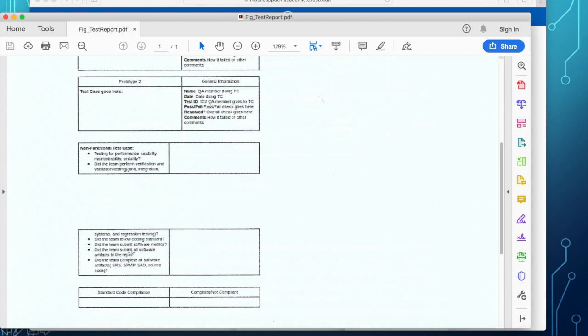Did the team submit software metrics? There are two software metrics that we ask you to collect, and that is the productivity of the team in terms of total lines of code produced divided by the time that it took you for design, the time that it took you for coding, and the time that it took you to fix errors as well.